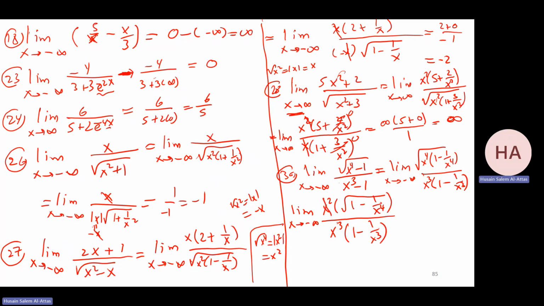So this is cancelled. This will be x. So you have 1 minus 0 under the square root, over minus infinity times 1 minus 0. This goes to 0, this goes to 0. So you have 1 over minus infinity, which is 0. I think I will stop here.